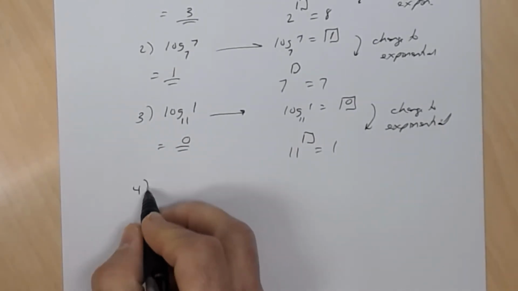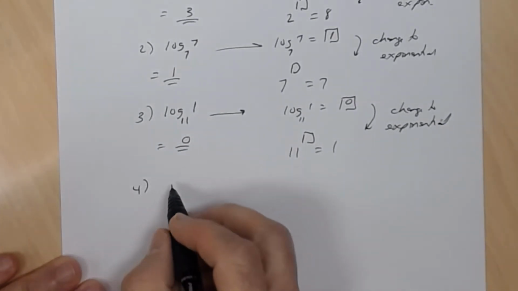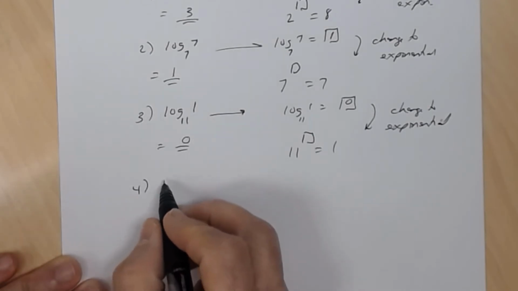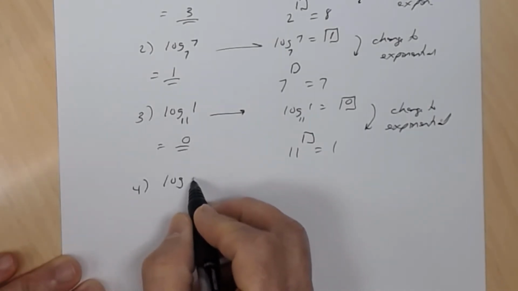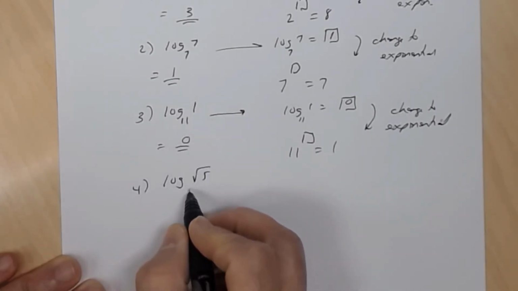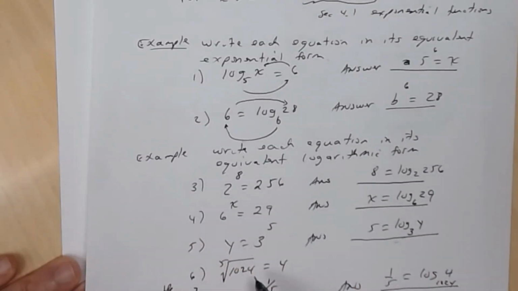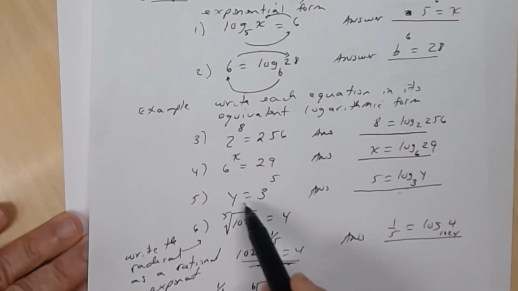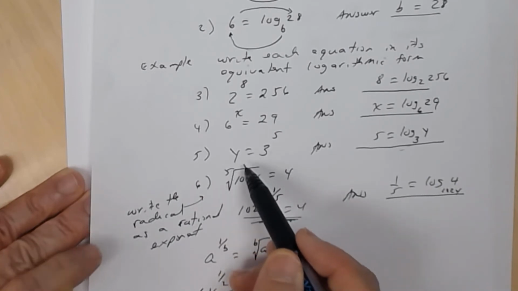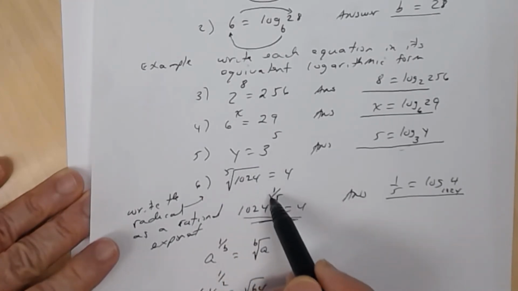Okay, number 4. Suppose we had the log of the square root of 5 base 5. Well, that doesn't look good, does it? You've got to remember something we had a while ago. We saw right here how to write a radical with a rational exponent.